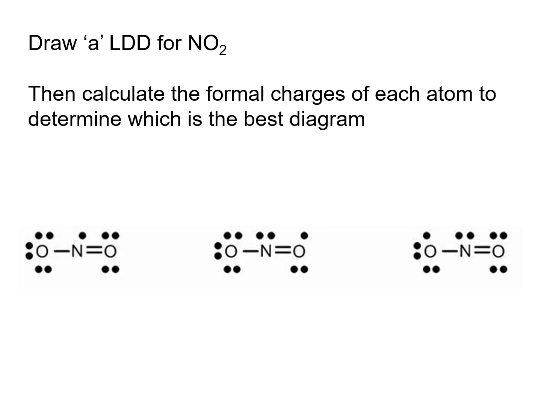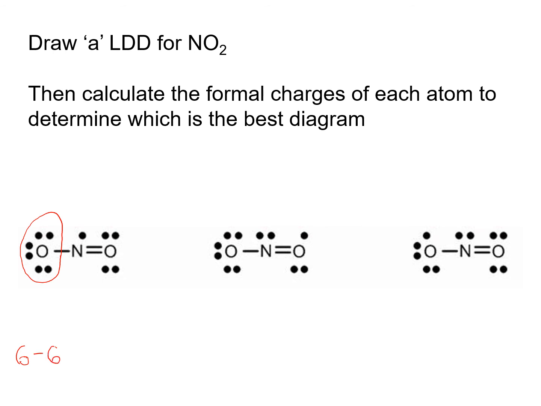So let's use that calculation again. Every atom in this structure, both of the oxygens and the nitrogen, we want to calculate its formal charge. Remember, the calculation is the valence number. Oxygen has 6 valence electrons, and we subtract the number of lone electrons, which the way it's drawn here is 6, so 6 minus 6.